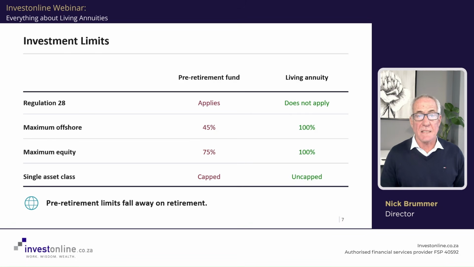I do want to stress that there are some times where some of the smaller institutions are limited by the amount of money that they can actually take offshore. So there are some living annuities where you can't take 100% offshore because of some institutional restriction, but mostly with the large institutions, because they have much bigger balance sheets, they have much more capacity to take money offshore, and there are no restrictions in your living annuity percentage you take offshore.